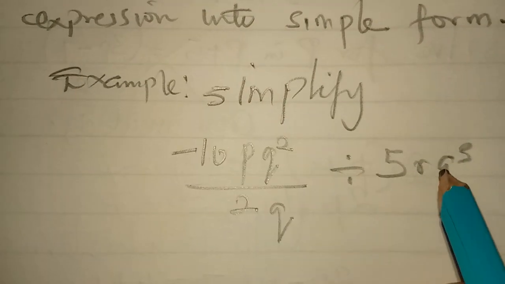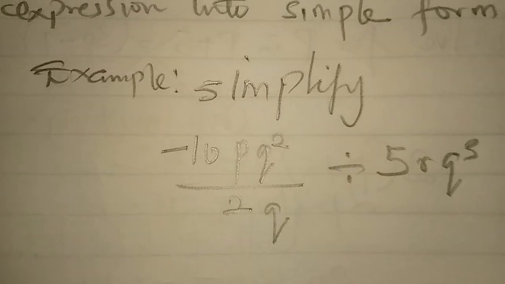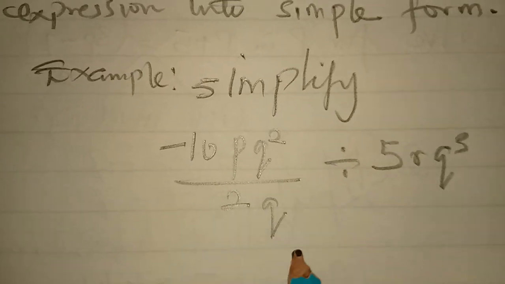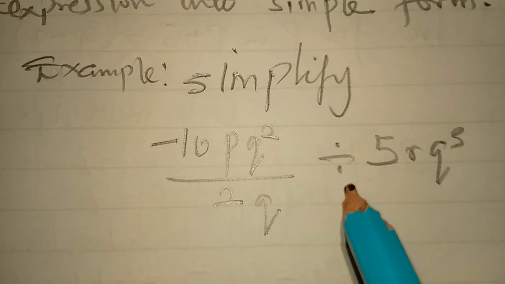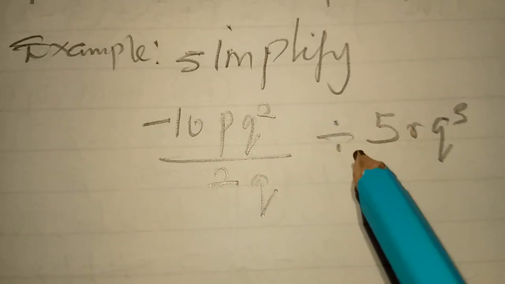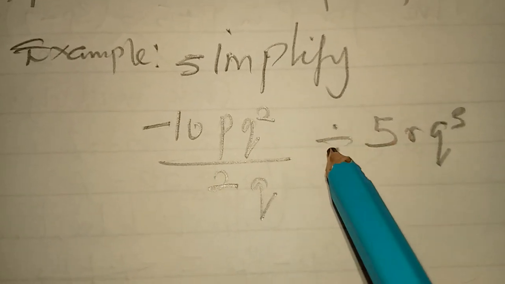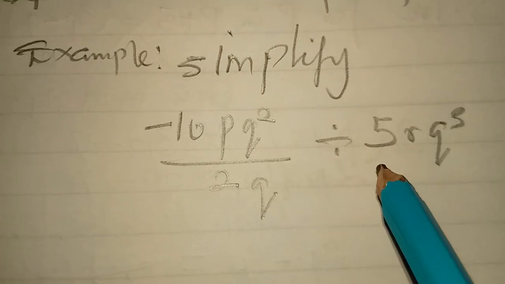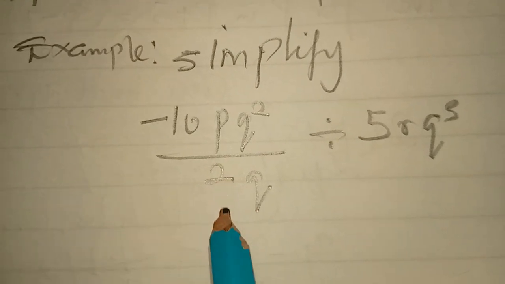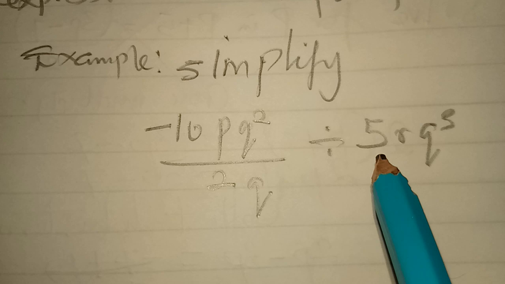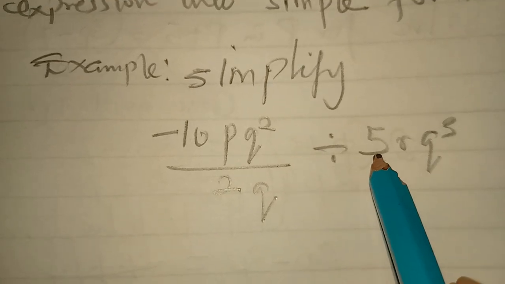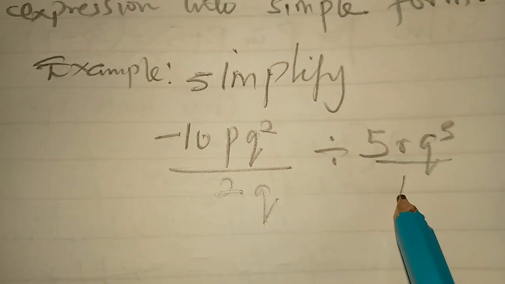Now, if you've been following the channel, you might have come across where I discussed what to do whenever you have any of the signs in between fractions, because take it or leave it, this is also a fraction.